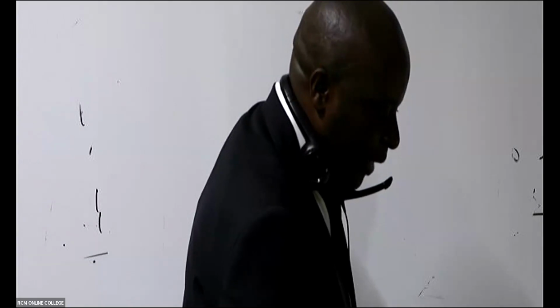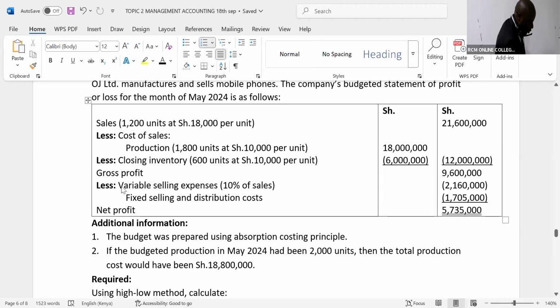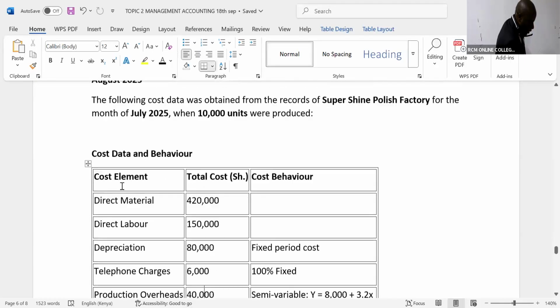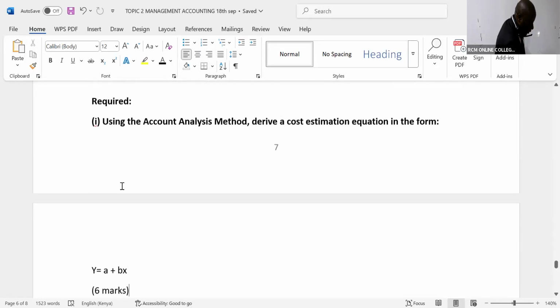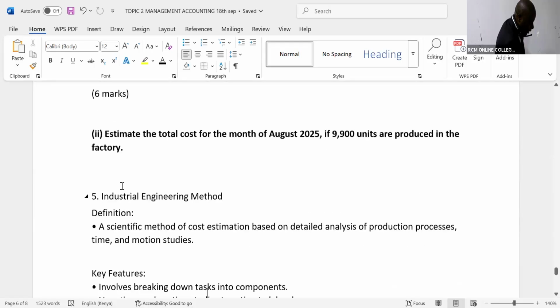Can we go to another model? The next model is known as the industrial engineering technique. That handout has the concept of industrial engineering technique. Yeah, there is a page there.